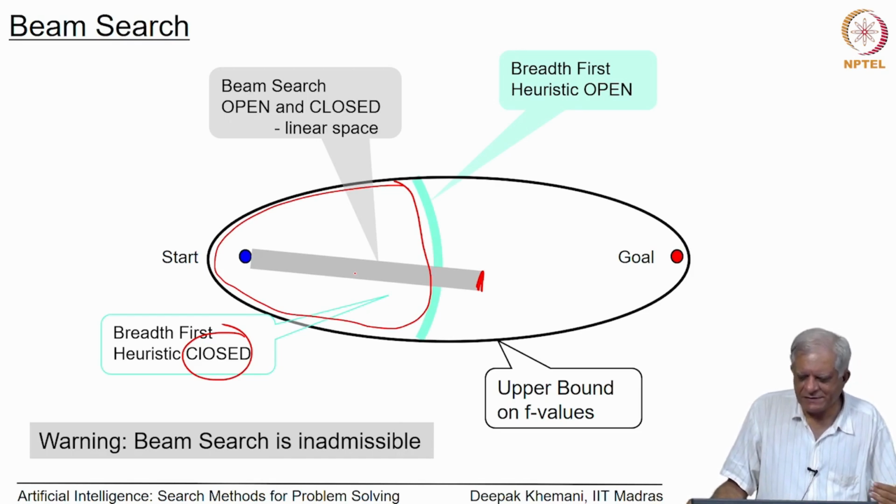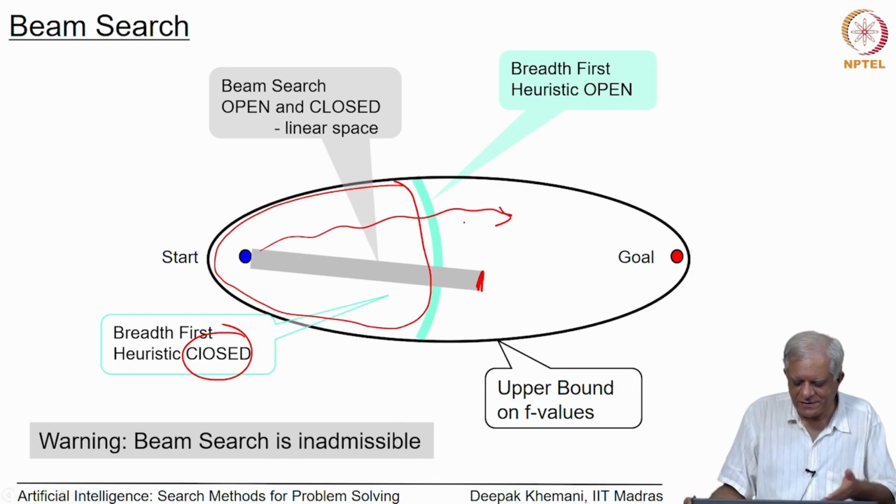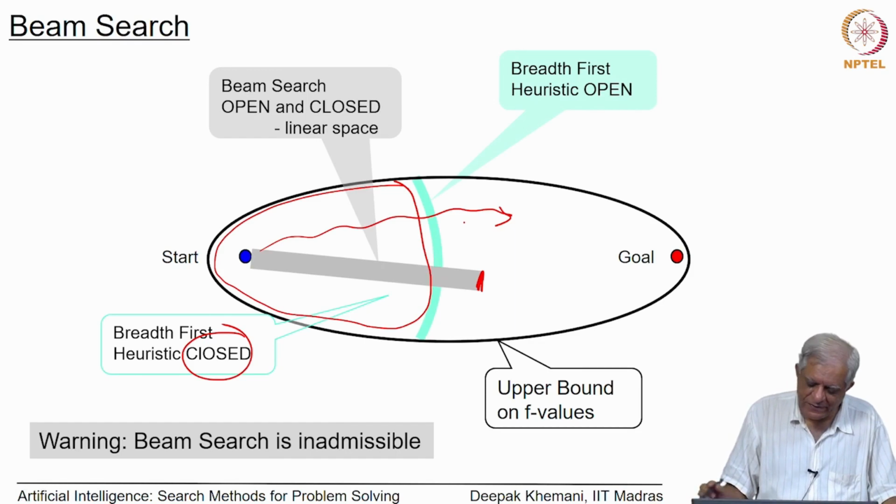So, this is something that we started off saying, that we arrange a search space which does not preclude any solution. In this case, because the solution may have lied around this path, beam search will not find it, because we have said that we will terminate as soon as we find the path to the goal, and that path could be somewhere along this line, which may not be the optimal path.